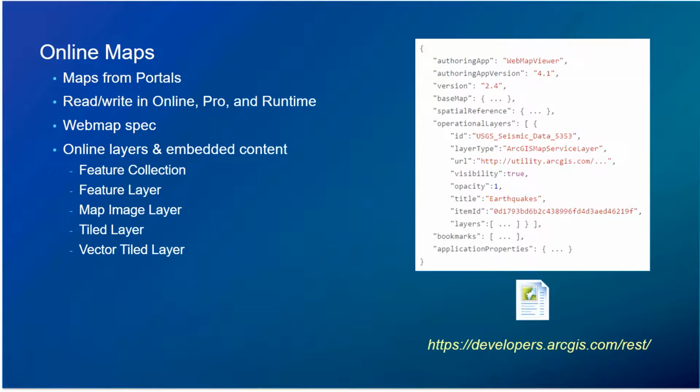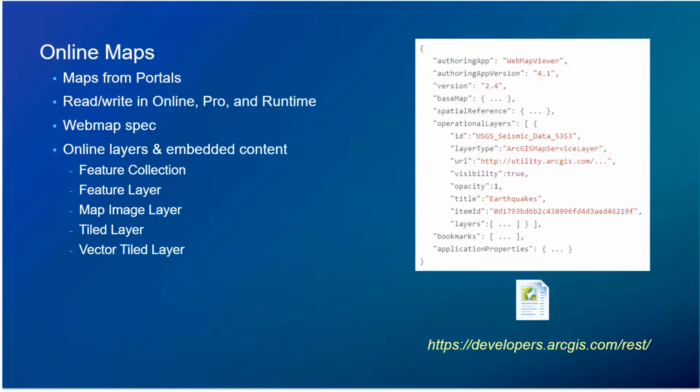I said it's based on that published web map spec, and essentially as an online map, it contains online layers and embedded content. So a feature collection, the first item there, is actually content that's embedded within the web map. You can think of it as features and their geometry and attributes, but it's contained as JSON within that web map.